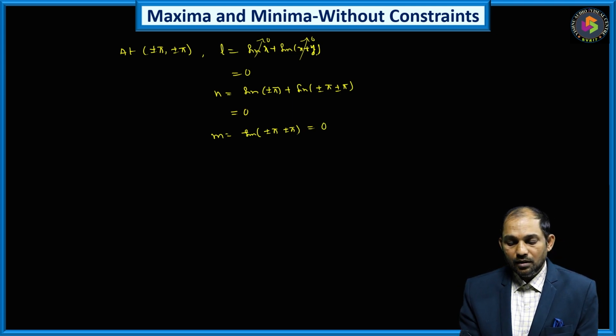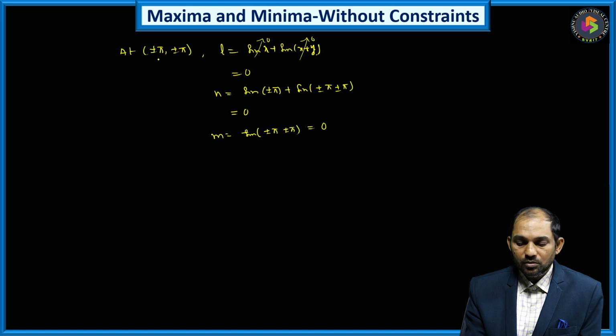So generally we have to compute the sign of ln minus m square at two different stationary points, pi comma pi and minus pi comma minus pi. But it is clear from the context that sine of any multiple of pi is 0. That is why I am writing plus or minus pi at a time. But we are not supposed to do that in the examinations. We have to write pi comma pi separately and minus pi comma minus pi separately.